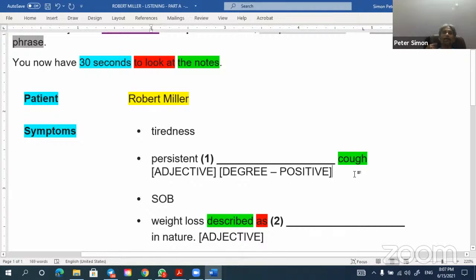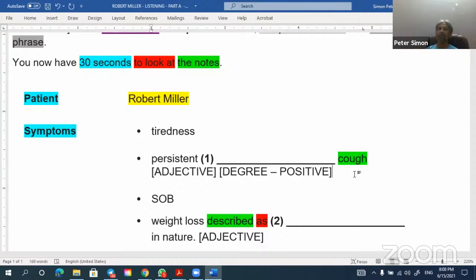Clever, cleverer, cleverest. Persistent, clever cough. Just an example I am giving you. Soft, softer, softest. So persistent, soft cough. Or dry, drier, driest. So persistent, dry cough. First one will come.